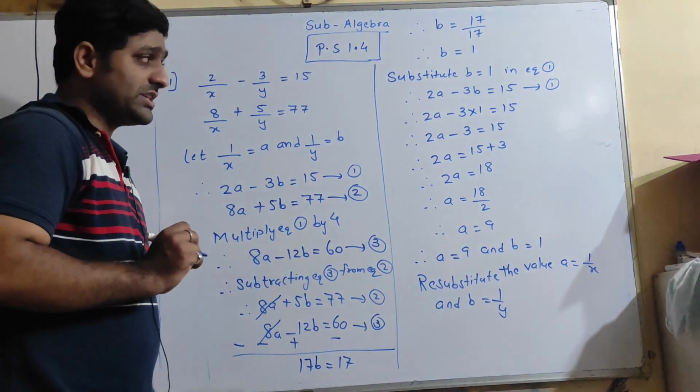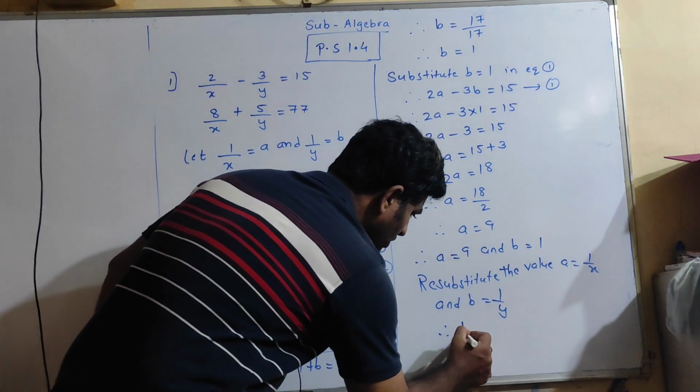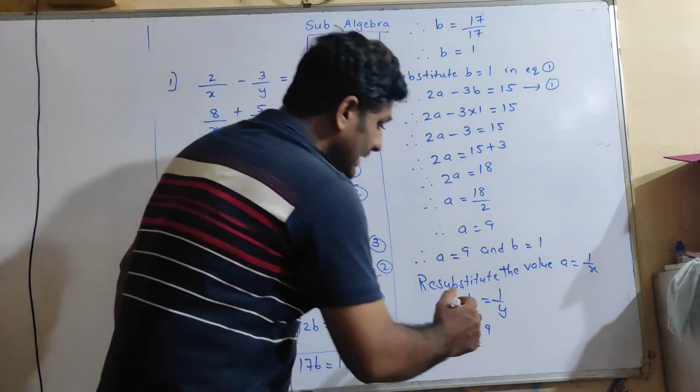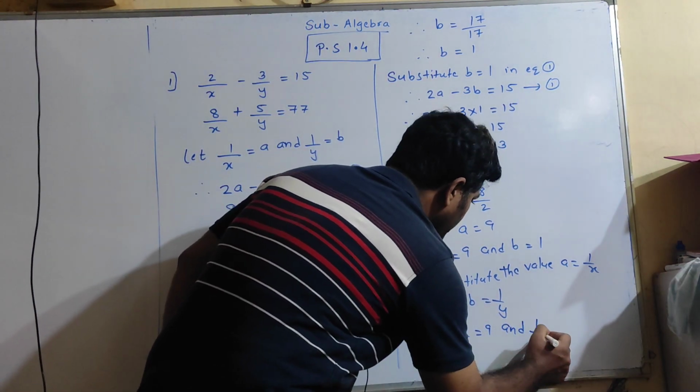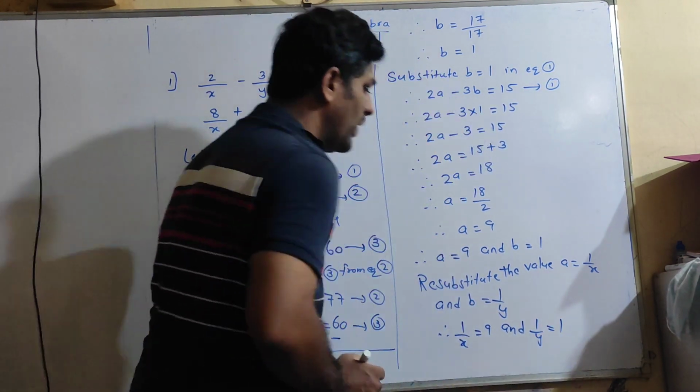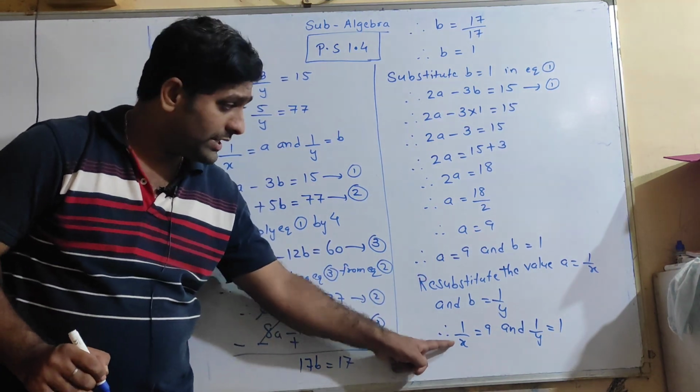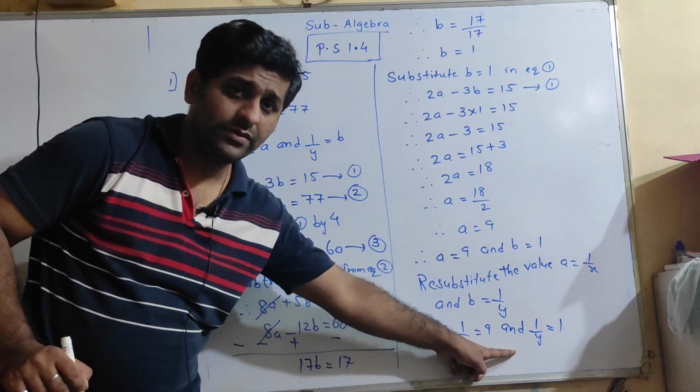So after resubstituting, what we will get now? 1 upon x is equal to 9 and 1 upon y is equal to 1. So simply we have resubstituted a as 1 upon x and b as 1 upon y.